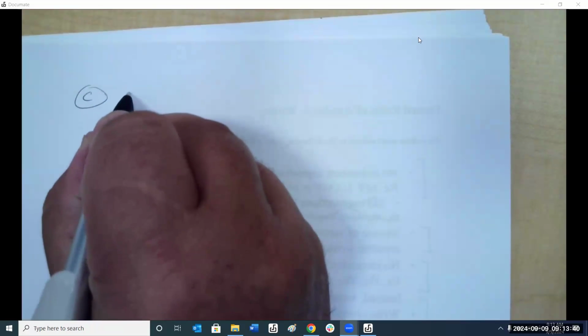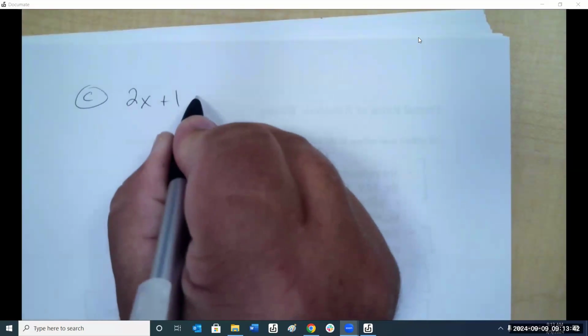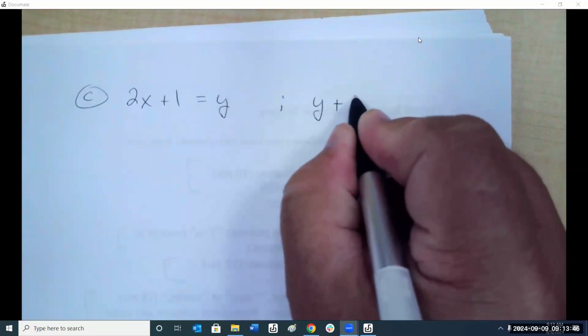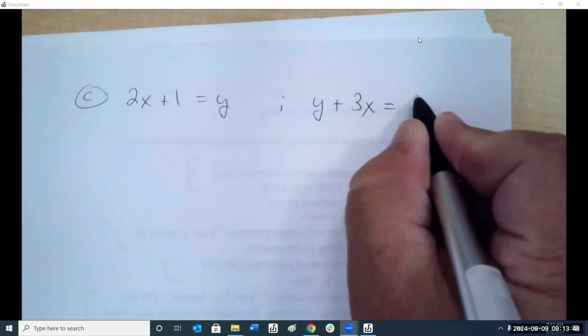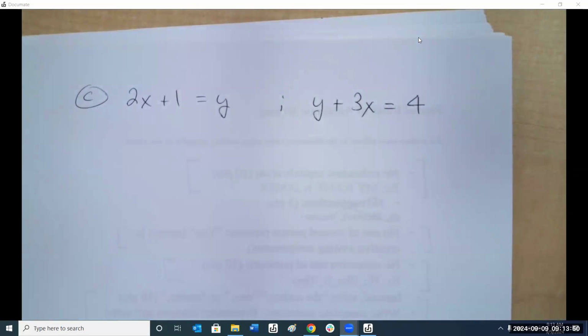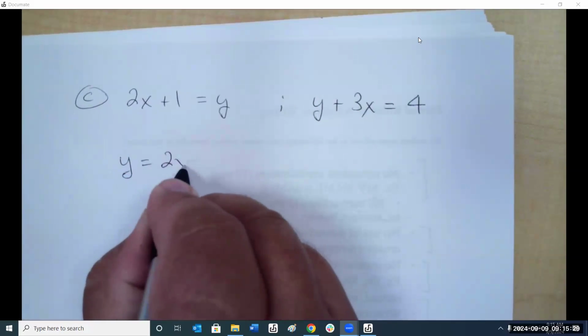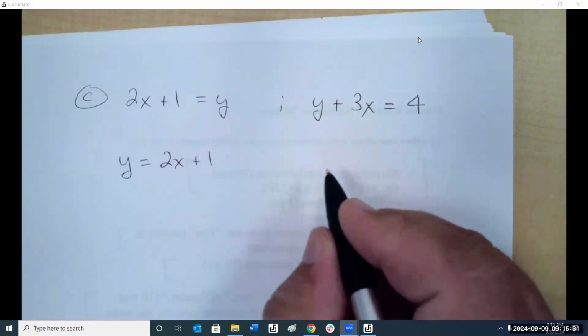And the third equation we have 2x plus 1 equals y, and y plus 3x equals 4. Okay, put the y on the left side, so y equals 2x plus 1.